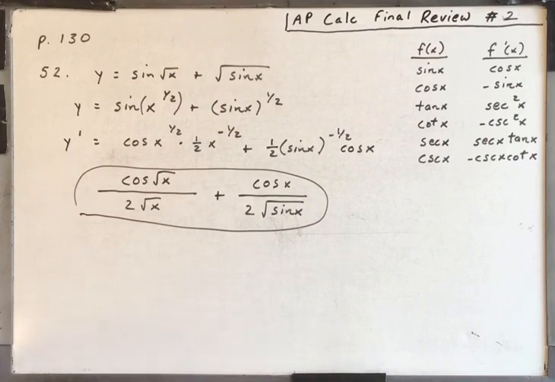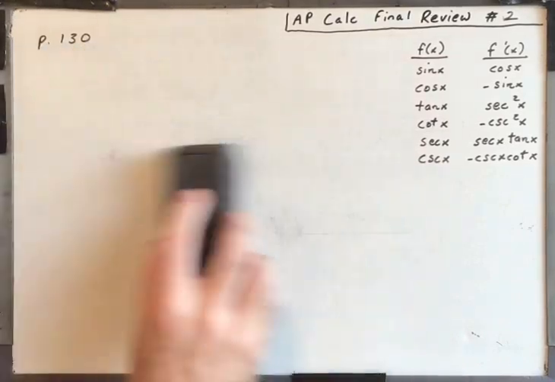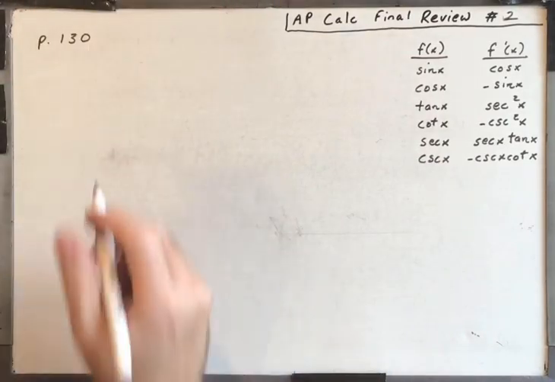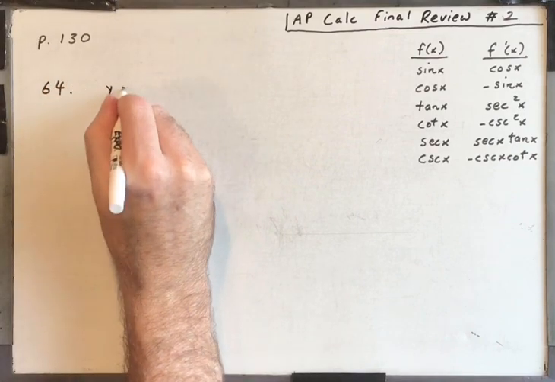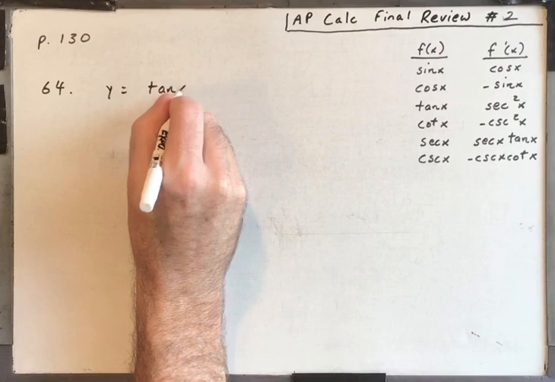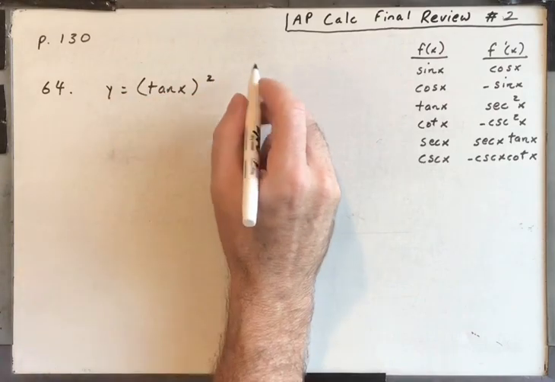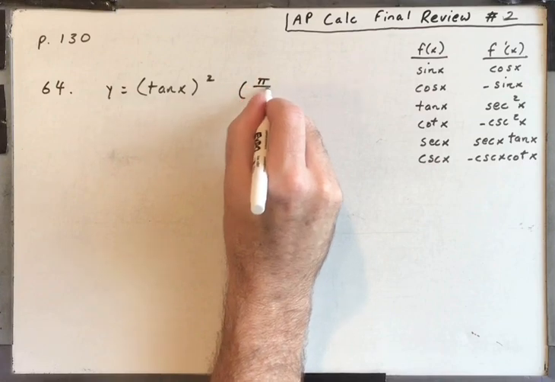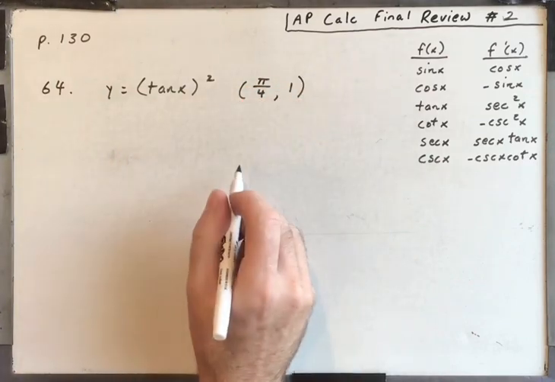And let's finish this video up with doing a tangent line equation. Number 64. So we have y is equal to (tangent x) all squared, and we have the point pi over 4, 1, and we want to know the tangent line equation.